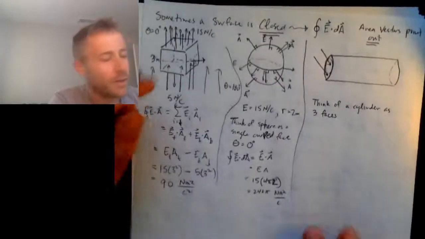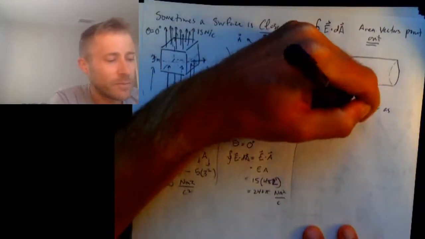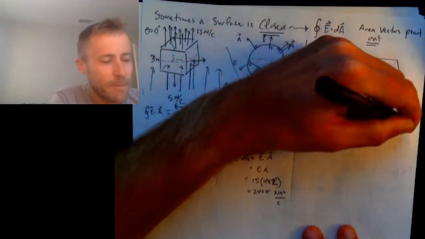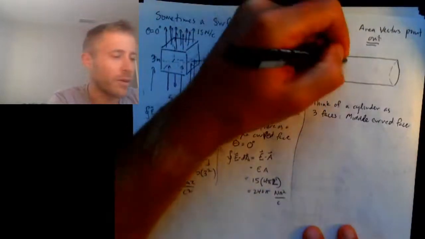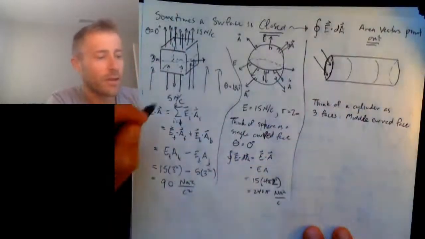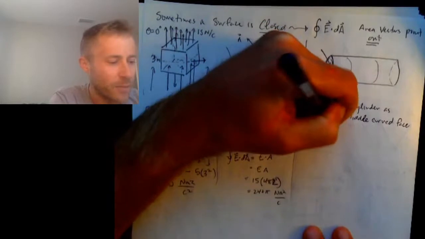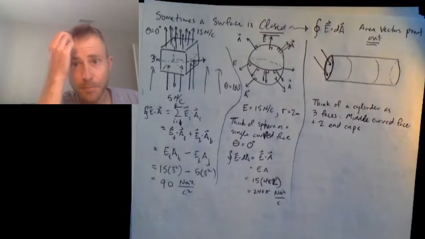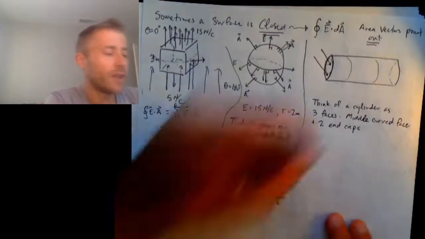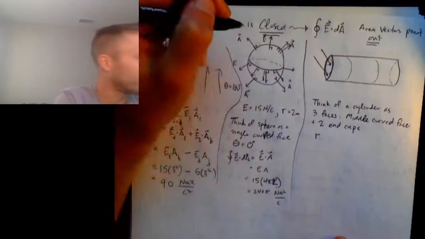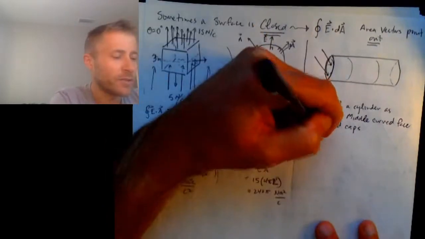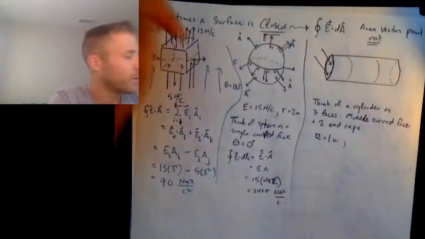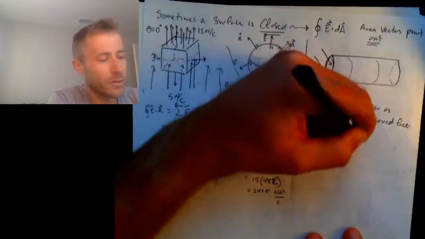It has a middle curved face, which would be this part around the middle, plus 2 end caps. All right. Cylinders have a certain radius, so we'll say for this particular example, the radius of the cylinder is 1 meter. And they also have a certain length. The length of this cylinder, let's say, is 4 meters.